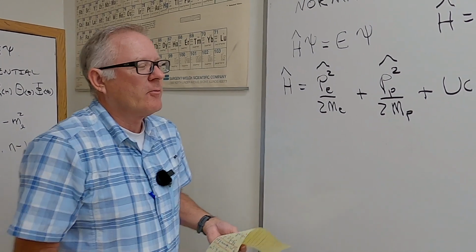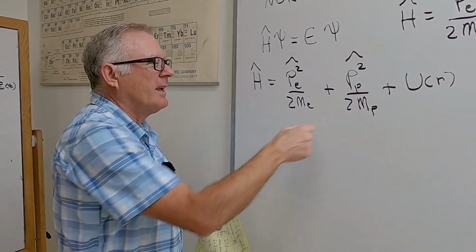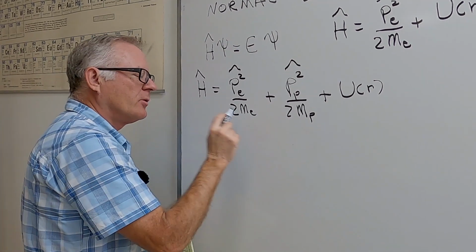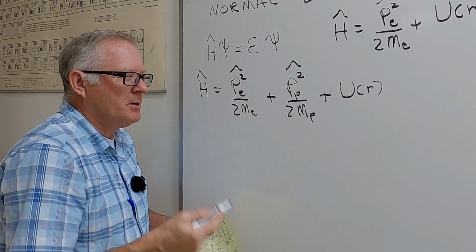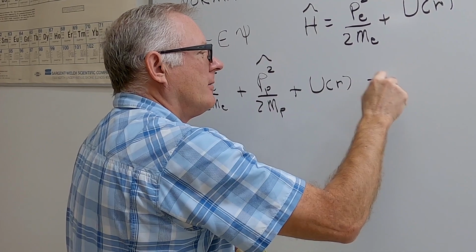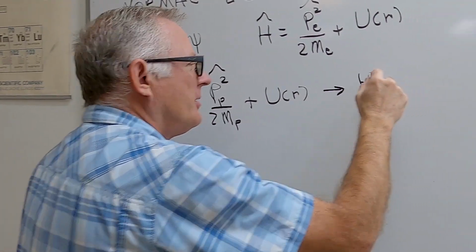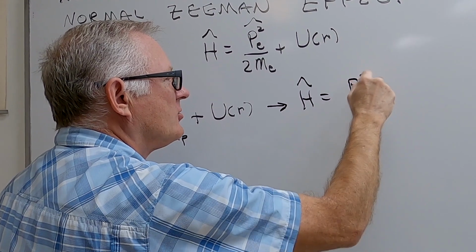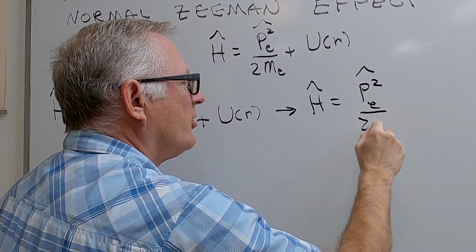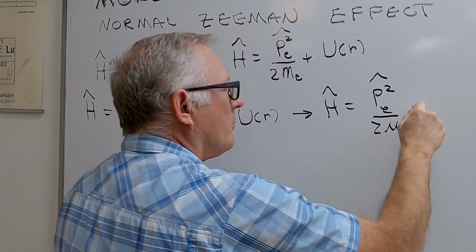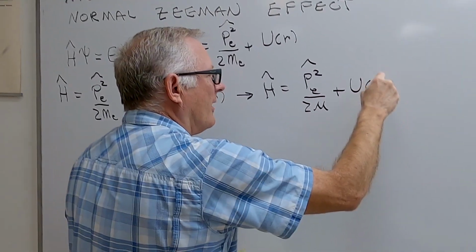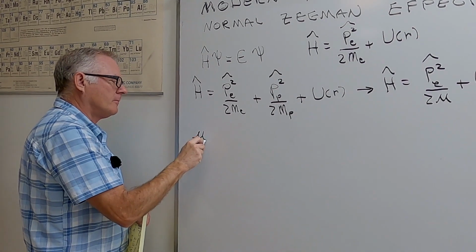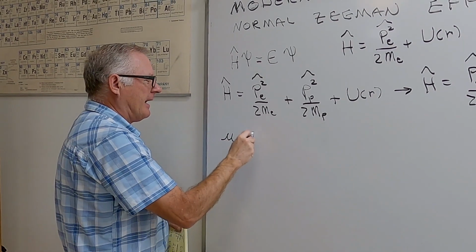But remember, when we did the Bohr atom, we said we could write this all in terms of one mass if we just replace our mass with mu. So really, our H should be P_e squared all over 2 mu plus U(r), where mu, we said, was the reduced mass.